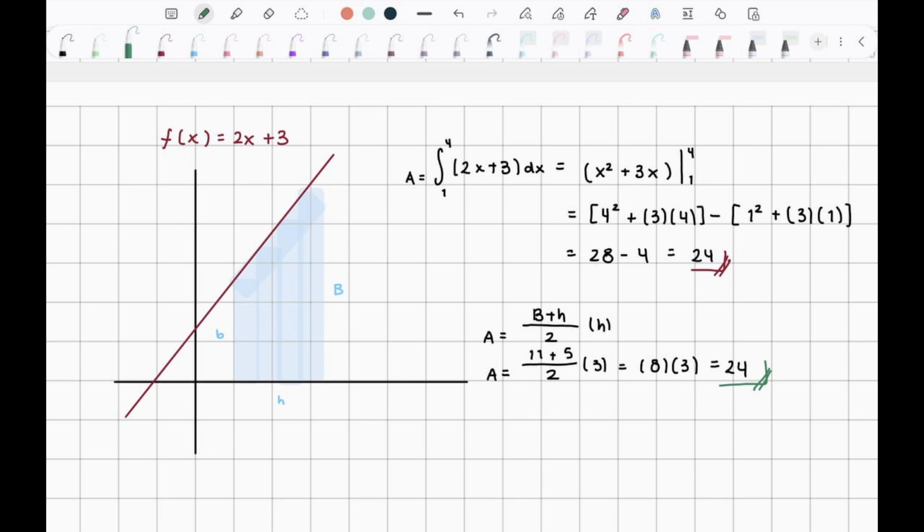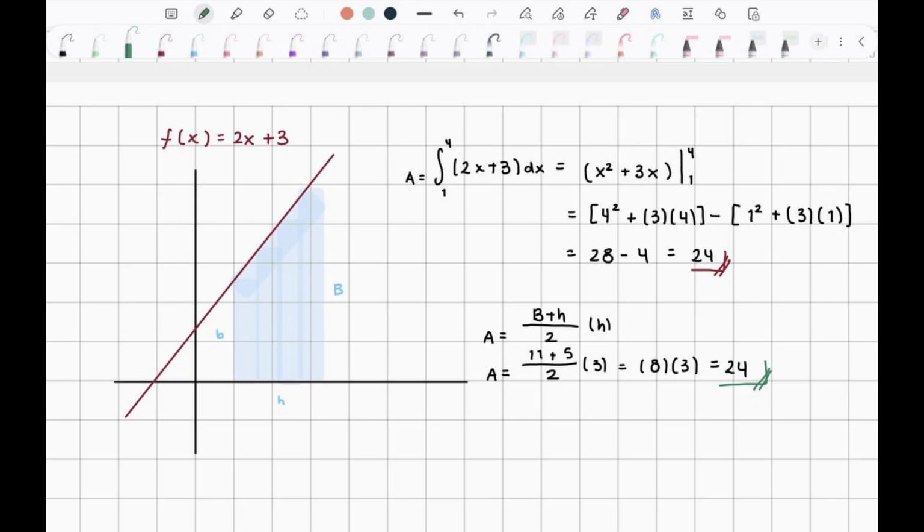In the case of the larger base, it goes from 0 to 11, so it measures 11. The smaller base goes from 0 to 5, so it measures 5. And the height, which will be this one here, goes from 1 to 4, and 4 minus 1 gives us 3.